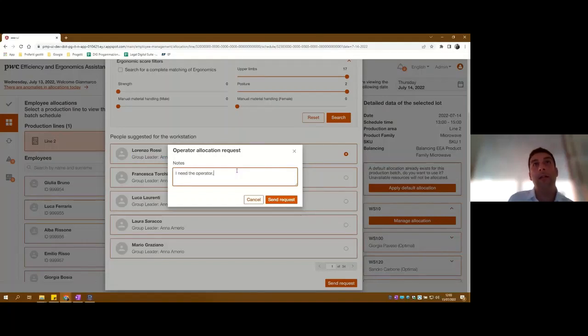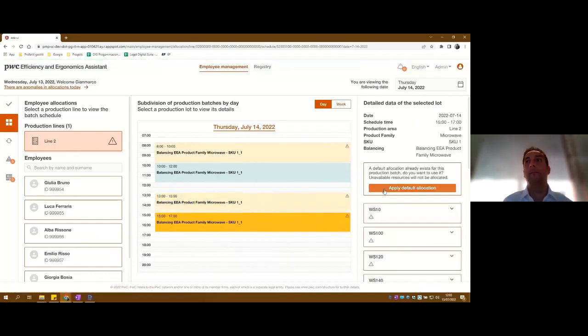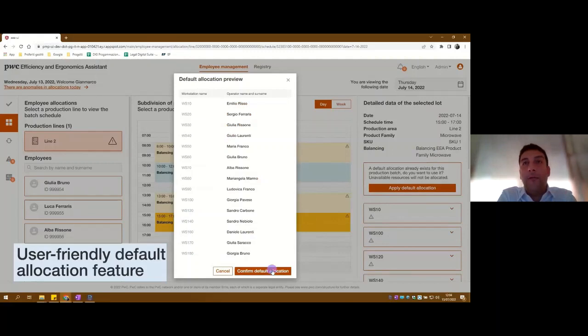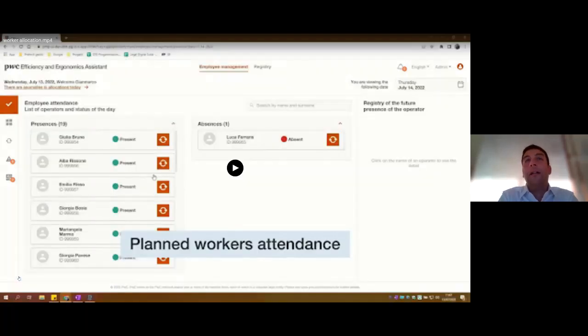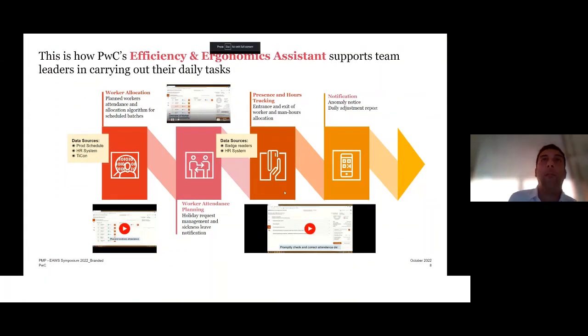This way, all the modifications are tracked. To make things easier for everyday work, there's also the possibility to recall a default allocation. And we see a couple of other features.